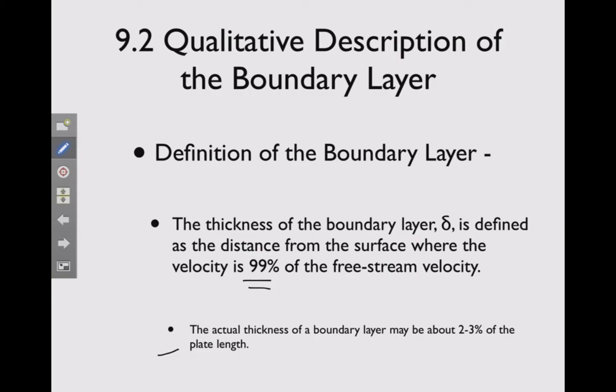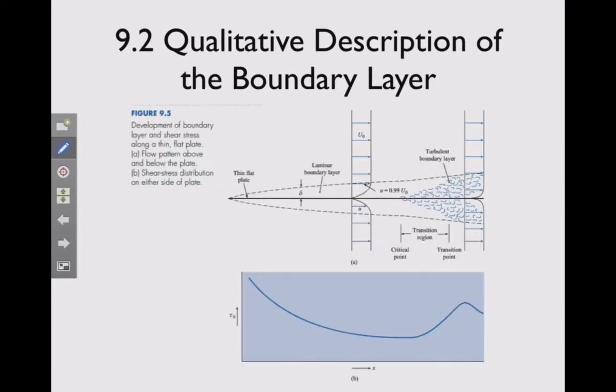It turns out that the actual thickness of the boundary layer is sometimes around 2 or 3% of the plate thickness if we inserted a flat plate into this flow field. And so, just summarizing, the boundary layer is ultimately caused by the no-slip condition.